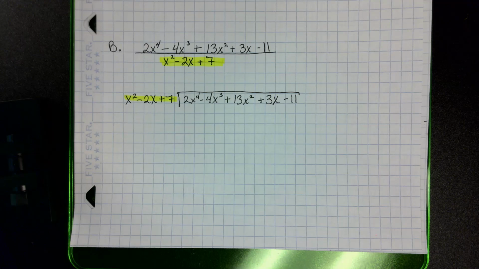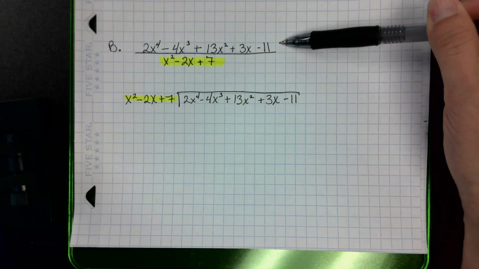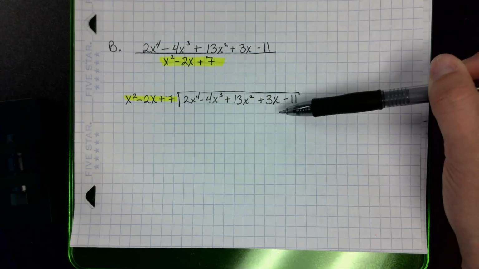So the difference on this one is it's written in a numerator over denominator format, where the last one was written with the division symbol. It's the same thing. Your divisor is in the denominator. What you're dividing is in the numerator. It's the dividend. It's what you're dividing.